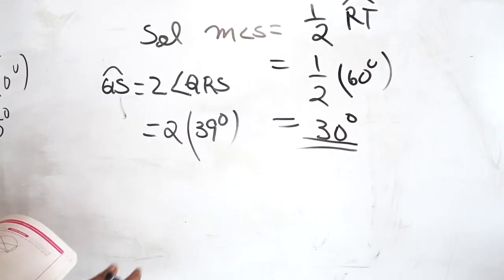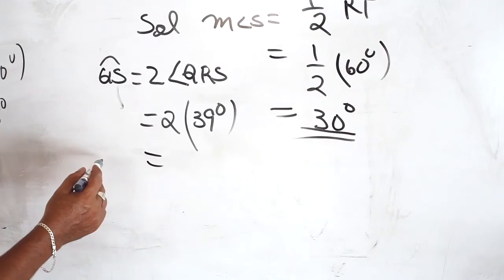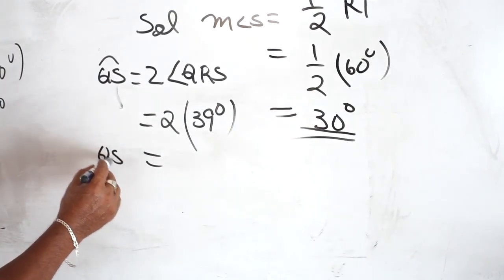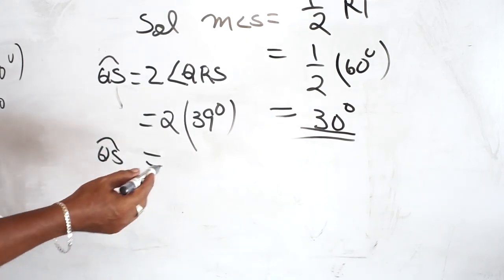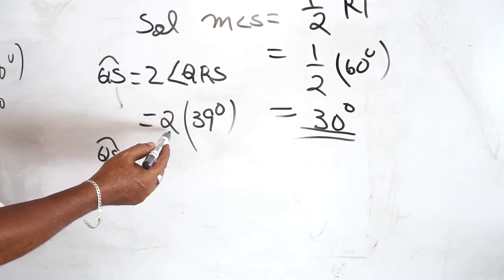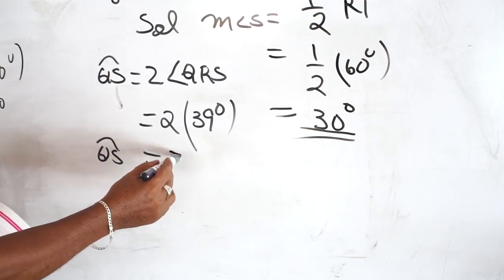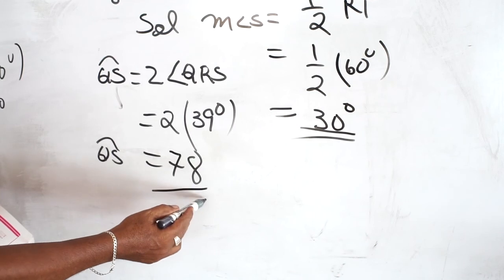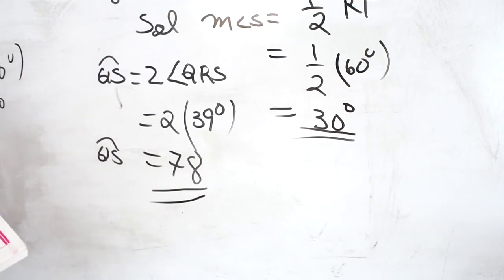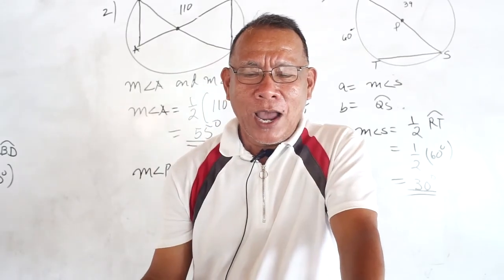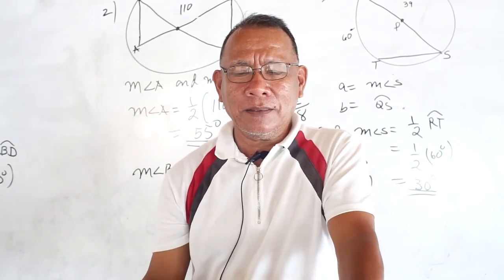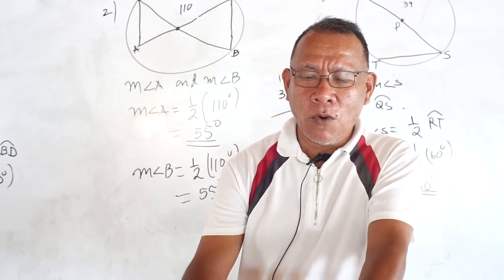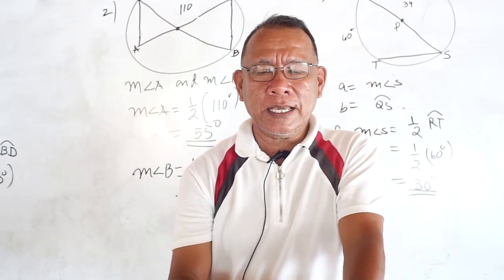So the measure of arc QS is equal to 2 times 39, which is 78 degrees. So this is now the measure of arc QS.